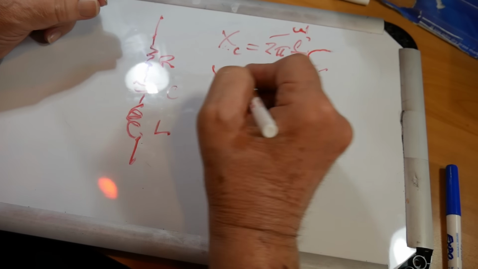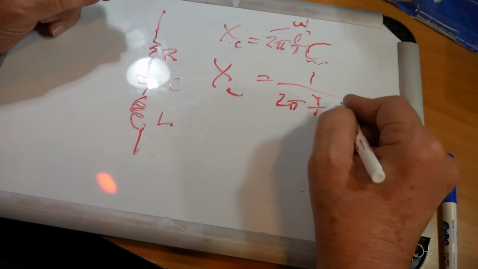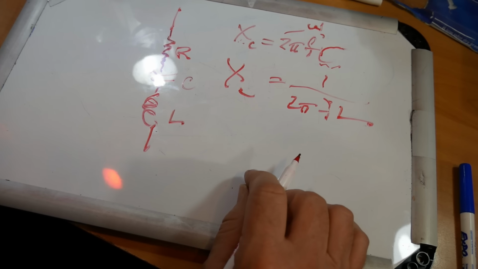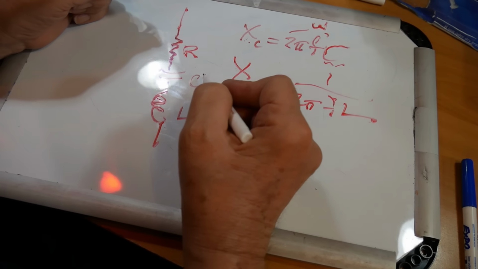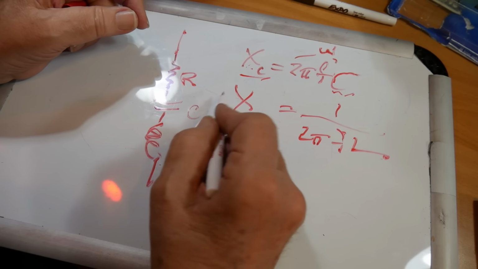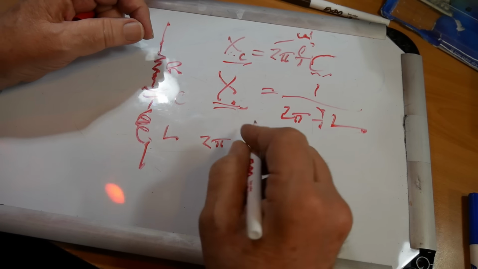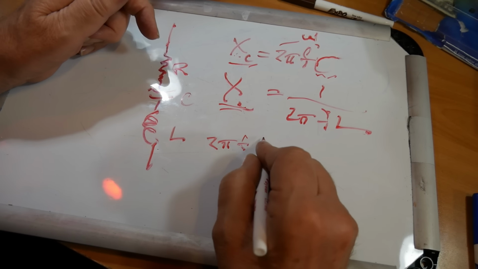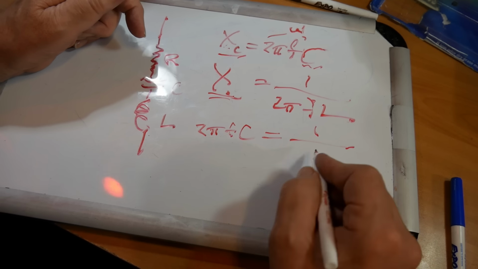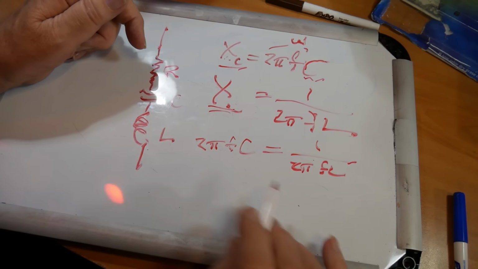Now, X sub L equals 2 pi f L. Okay? Now, resonance is defined as when the reactance X sub C is equal to the reactance X sub L. So we get 2 pi f L equals 1 over 2 pi f C when they're equal, okay?